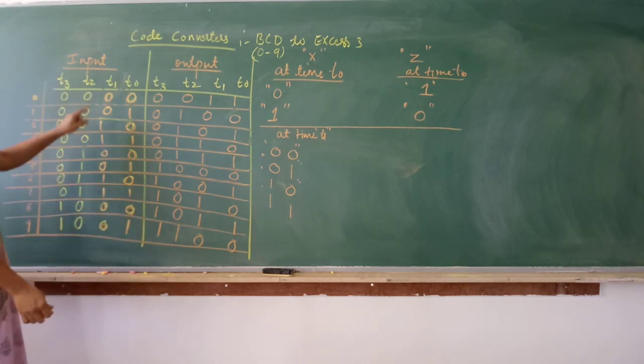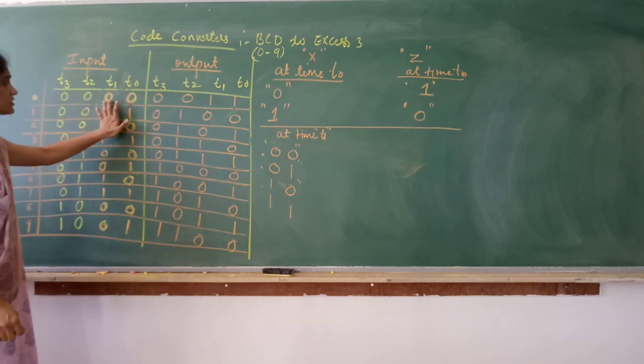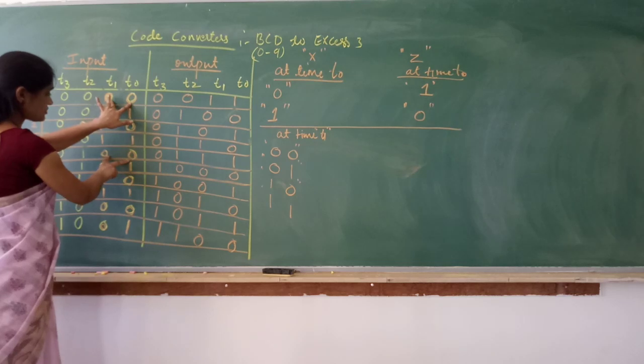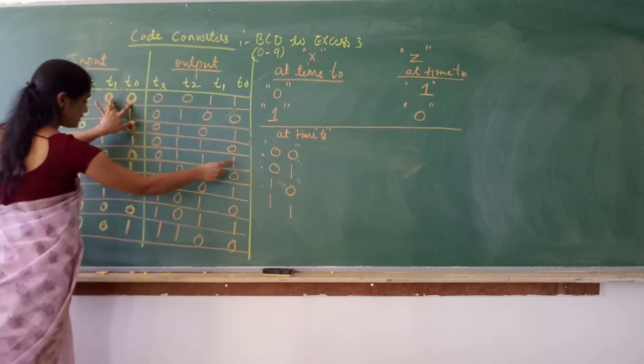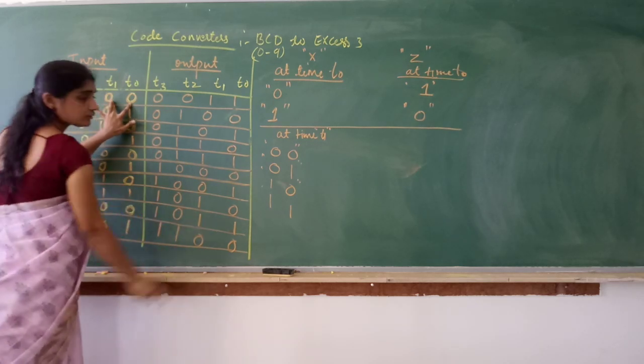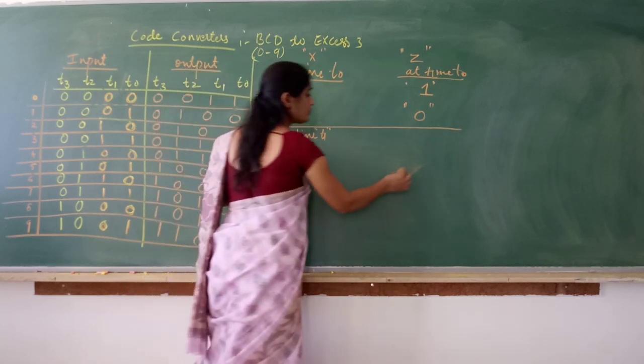If I receive the input as 0,0, what is the output? 1,1. Am I correct? So if the input received at time t1 is 0,0, the output is 1,1.